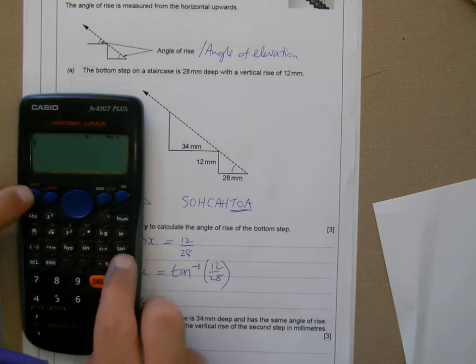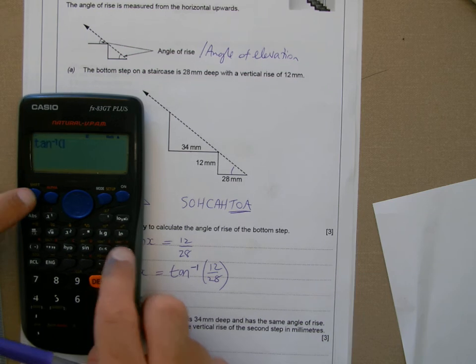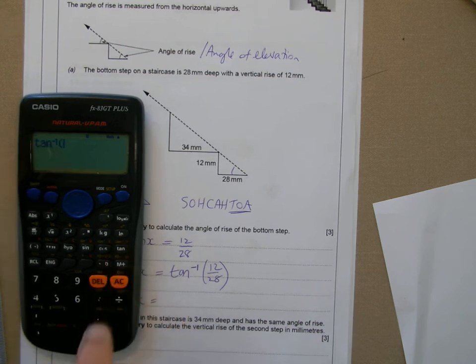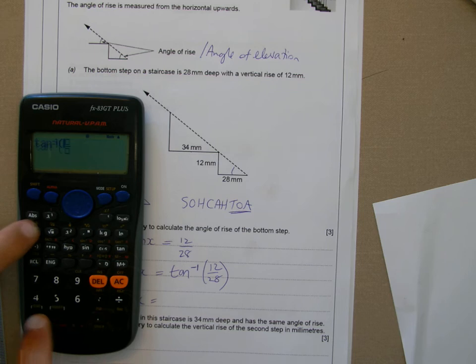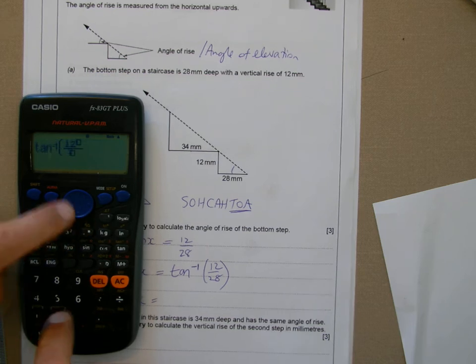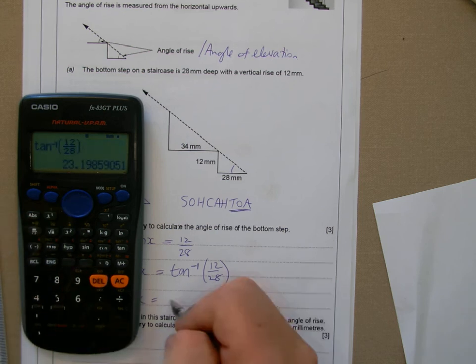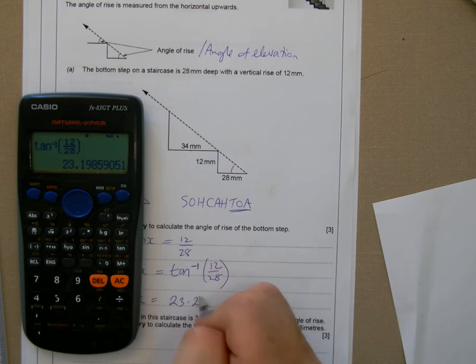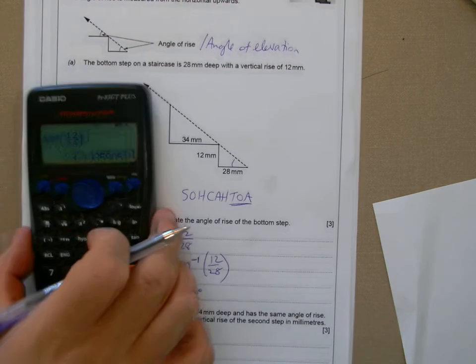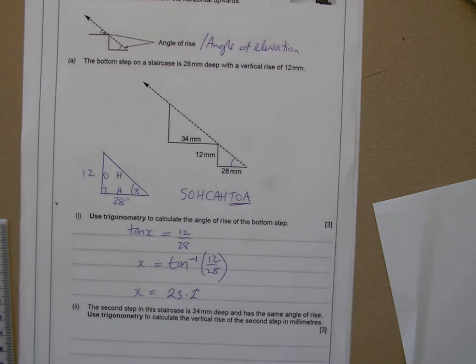So I press shift tan, and it comes up as tan to the minus 1. Press the fraction button, 12 over 28, and then we get my angle, which comes out to be 23, and to one decimal place, 23.2 degrees. That's the angle of rise.